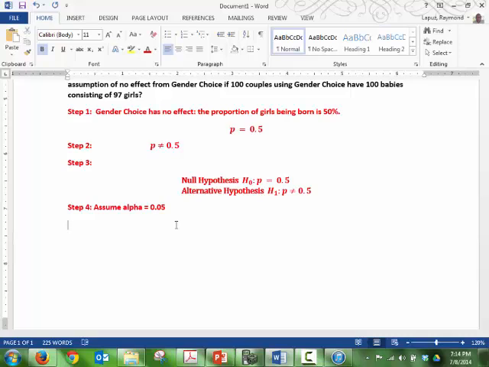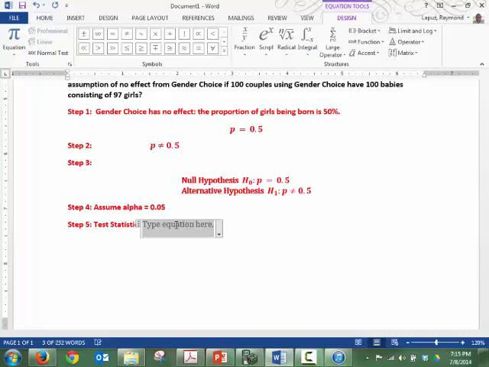In this case, we'll assume that our alpha is equal to 0.05. I'm just going to tell you what the test statistic is that you're going to use, and then we're going to figure out how to collect our statistics. So the test statistic that we're going to use is this special formula.